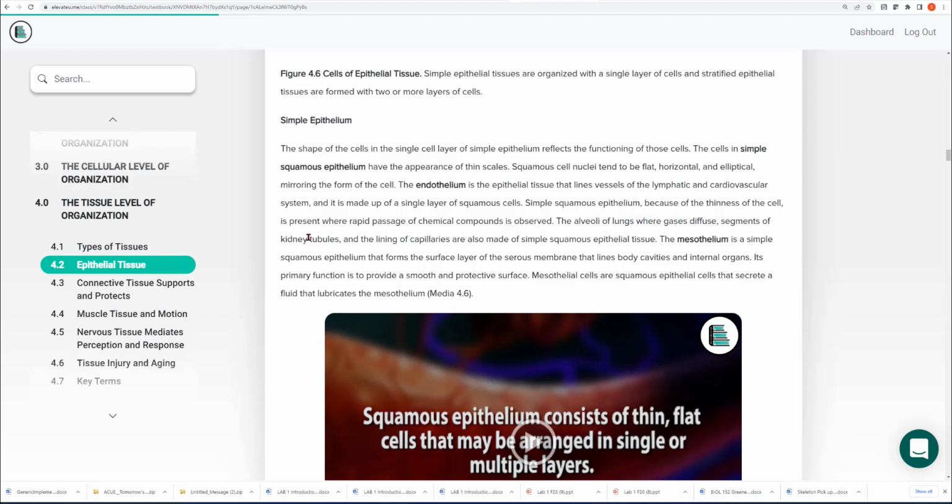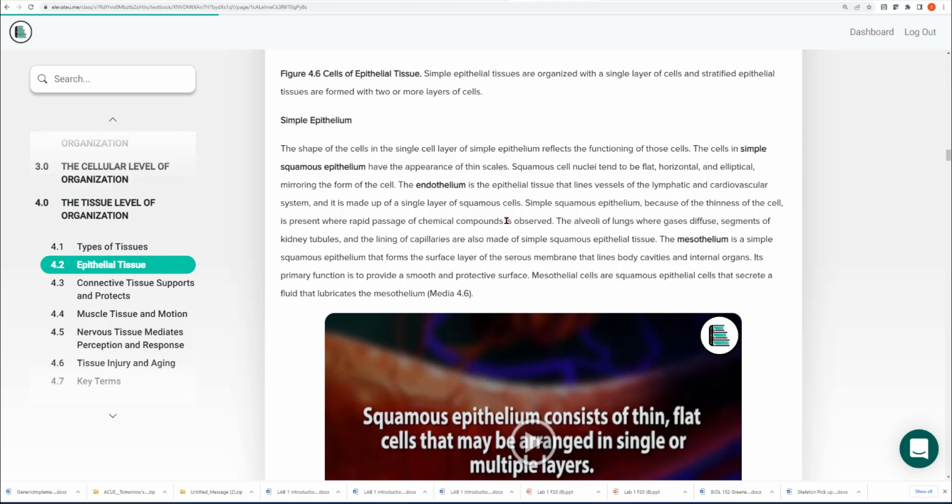In your kidneys, where you're filtering the blood, we find simple epithelium. In the lining of your capillaries, where you drop off nutrients and oxygen, also we find simple epithelium. So simple epithelium, wherever it's a very thin layer, and typically things can move across that rather easily.